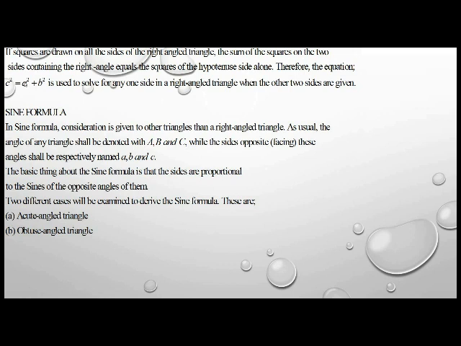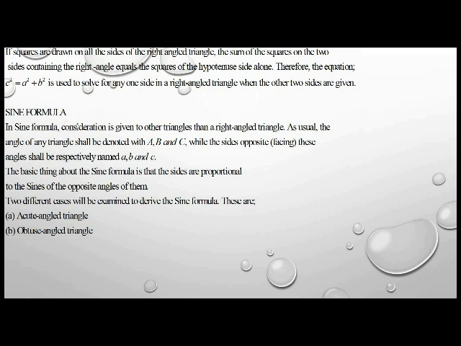That's the reason why, if you're looking for the opposite side, it gives A squared equal to C squared minus B squared. And likewise, if you're looking for the adjacent side, it's going to be B squared equal to C squared minus A squared. Now, let's go to the sine formula.